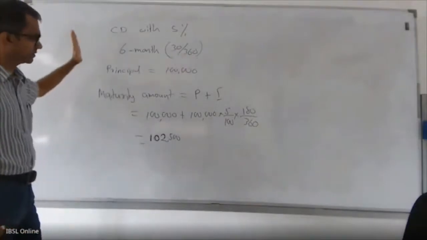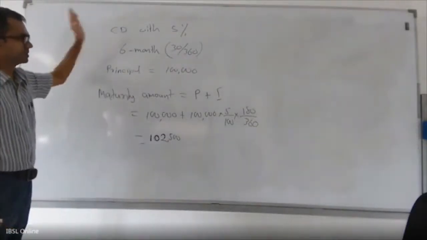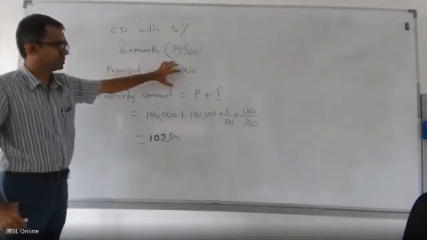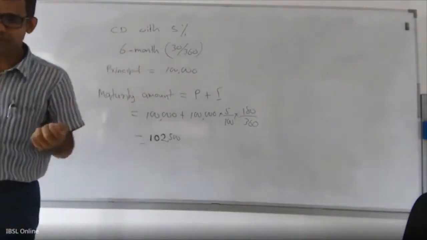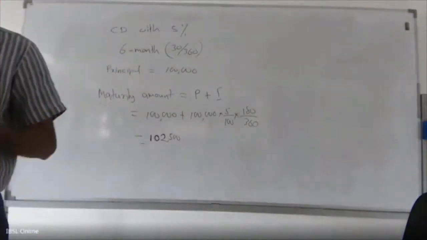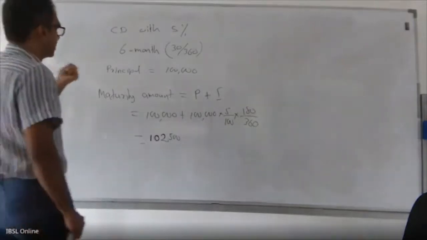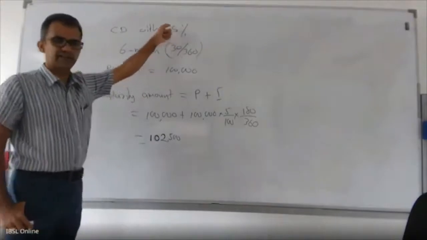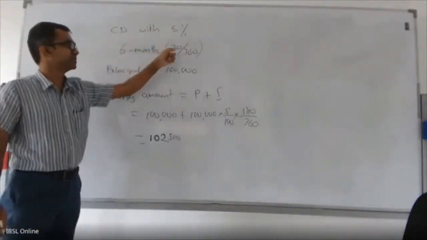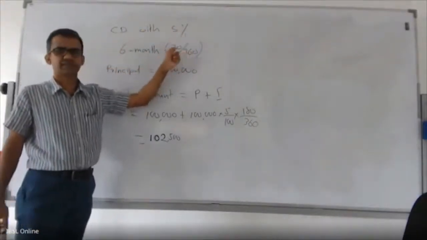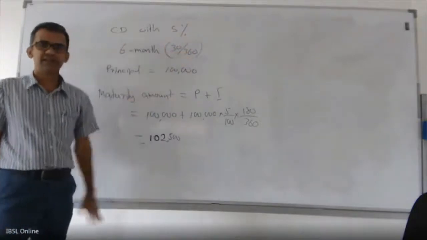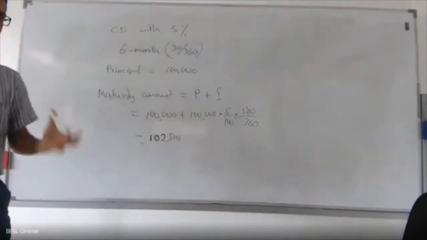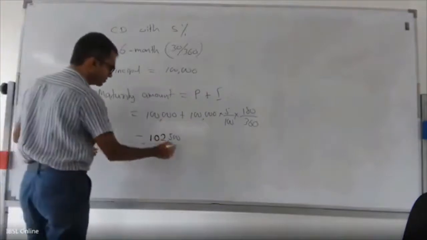So this is the nature of the certificate of deposit. You place the principal value with the bank. The bank will give you a certificate saying that we have borrowed this much amount for this period and the interest rate is 5%, and we'll calculate the interest based on this day count basis. So on the maturity date, we will pay you this much.